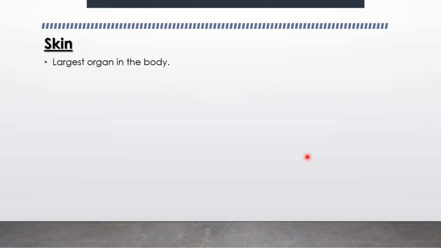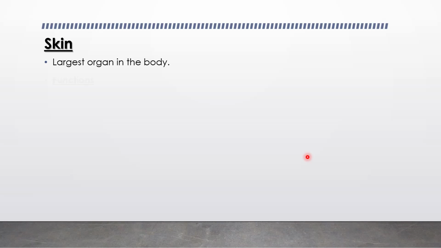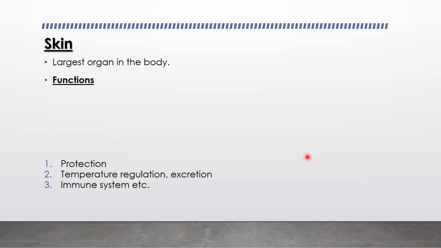But before then, we need a brief overview of what the skin is. The skin is the largest organ in the body, covering the whole body. Given that the skin is an organ, it has blood supply, lymphatic drainage, and innervation. What are the functions of the skin?